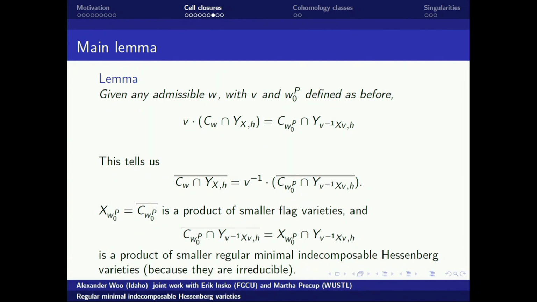Well, these Hessenberg varieties are irreducible, so we know what it is. Okay, so you have a W, you have an X and Hessenberg variety, a regular minimal indecomposable Hessenberg variety. You translate it by V, you end up with a smaller Hessenberg variety. Either you say it's a Hessenberg variety if you don't insist your groups are simple, or you say it's a product if you do insist your groups are simple.